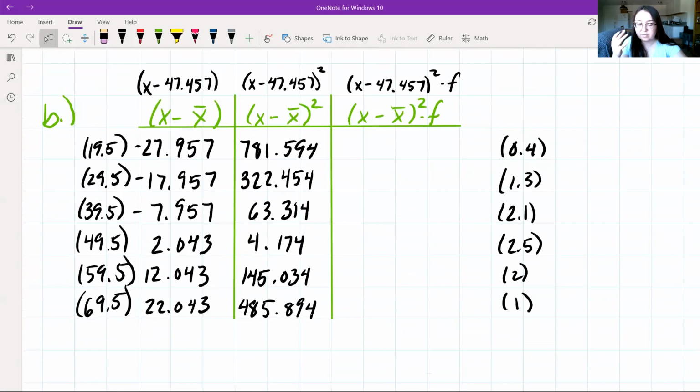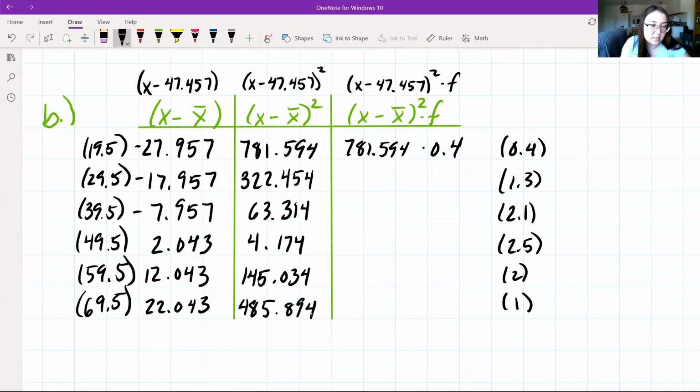So now we want to take our values in our second column and multiply by our frequency. So we'll take 781.594, and we're going to multiply it by 0.4.